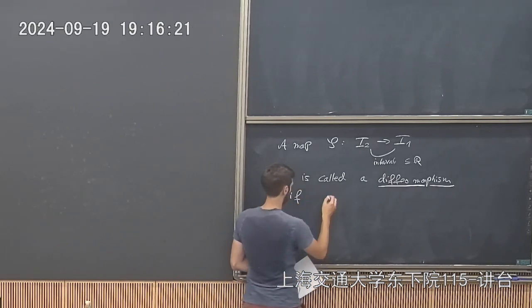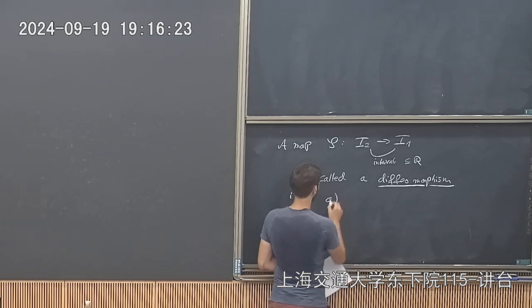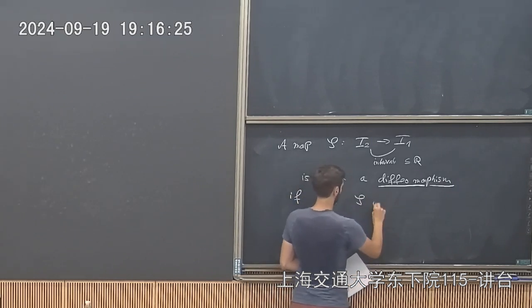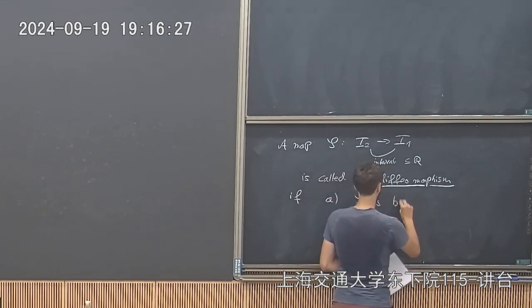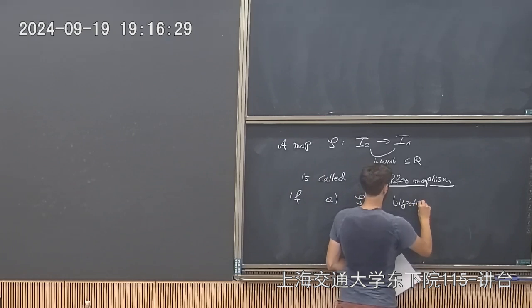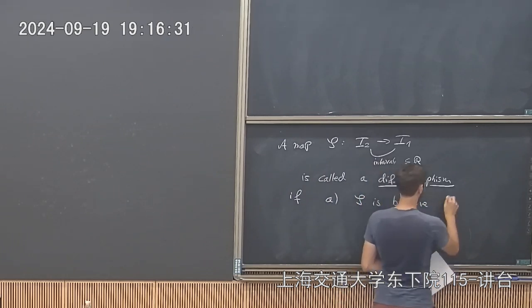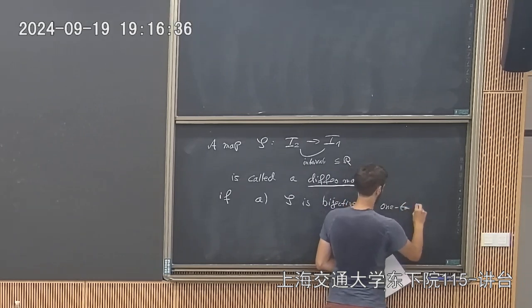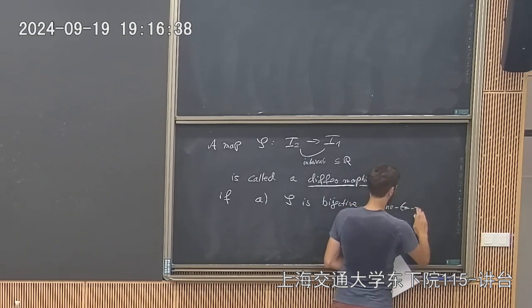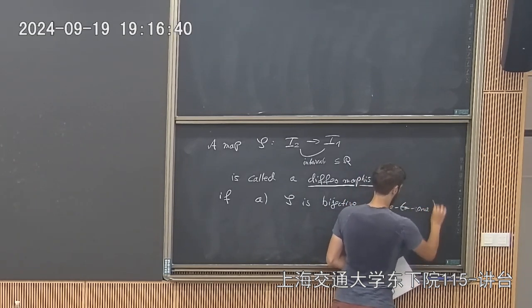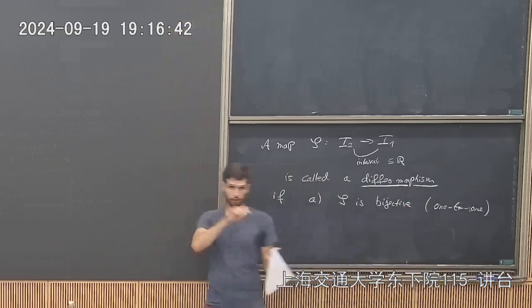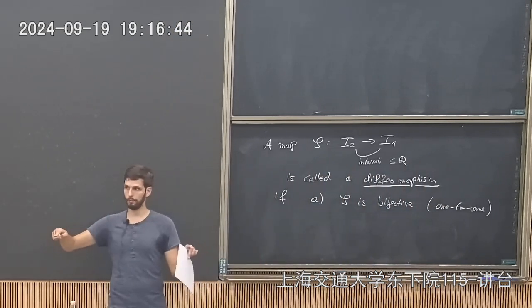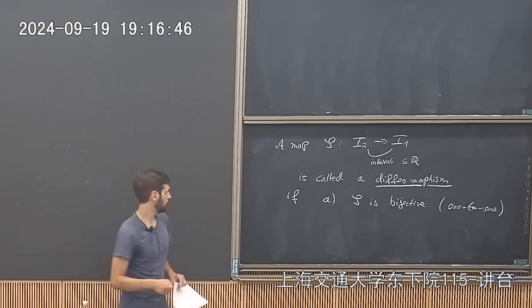The first property is that phi is bijective, or a different word for this is one-to-one. That means each point in one interval has exactly one other point where they belong to.